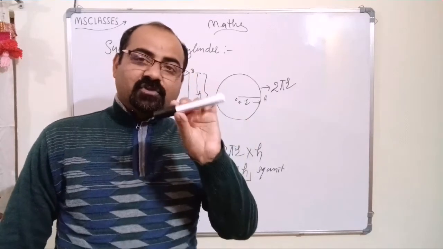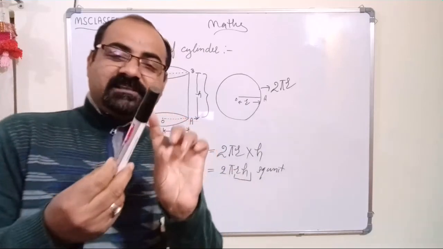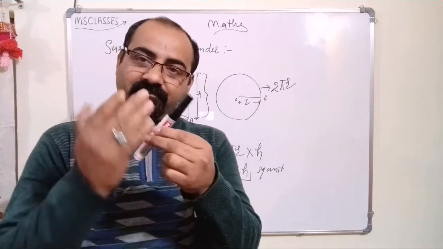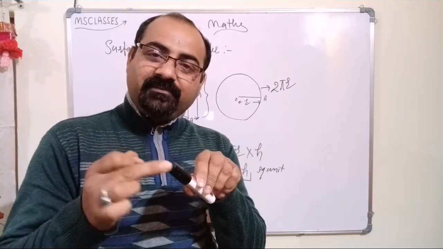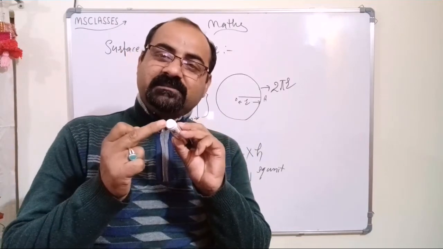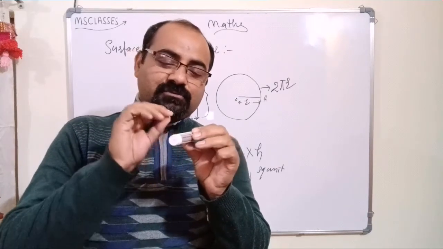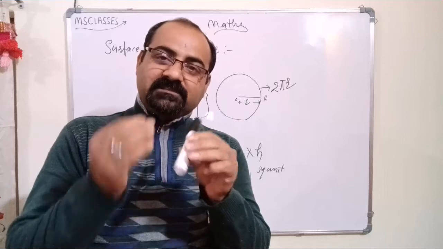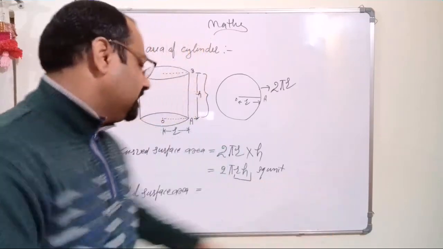If we have this solid pen, how many faces does it have? It has a curved face, second is the top, which is a plane face, and third is the base, which is again a plane face. When we add these three surfaces, we get the total surface area of a cylinder.